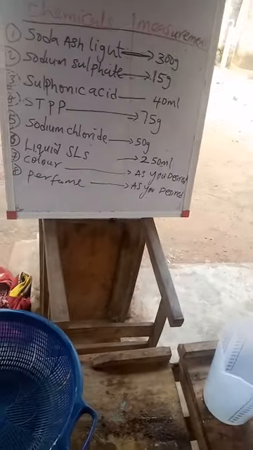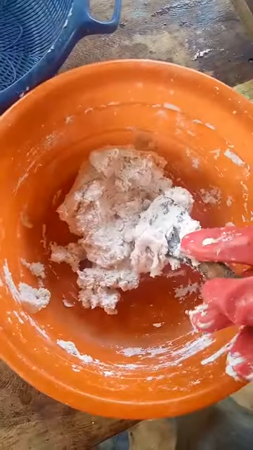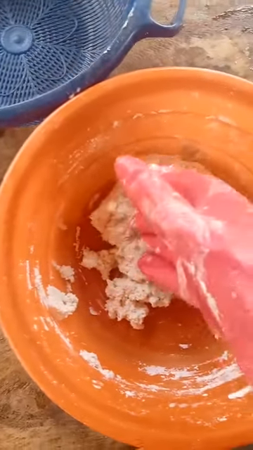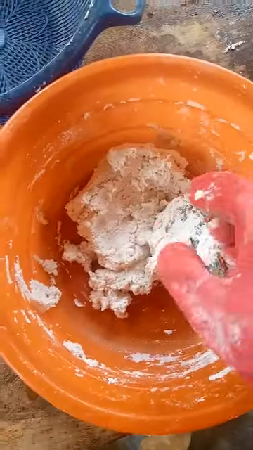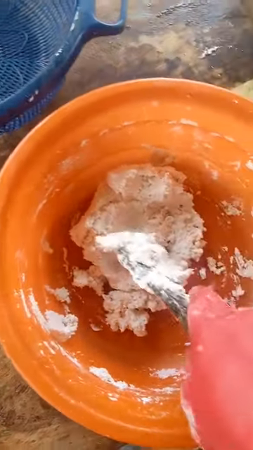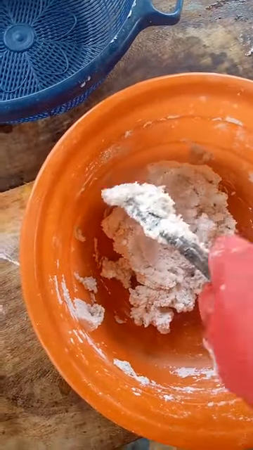You can decide to use 25 ml of SLS to make it more powdery, not as thick as this one, so it dries faster. This one can take 1 to 2 or 3 days to dry.